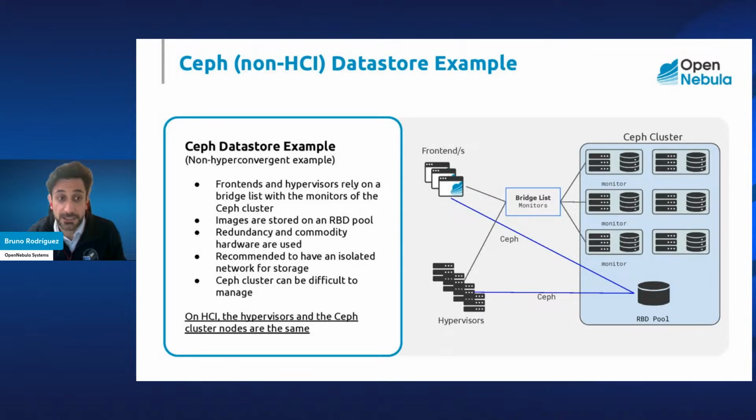I mean, we are not having a hyperconverged installation, but you can think that in a hyperconverged installation, the difference will be that all of the nodes that are currently running in the Ceph cluster will also be hypervisors for OpenNebula. So here, the point is that the front ends and the hypervisors need to connect to the monitors of the Ceph cluster, just to create there the volumes as RBD.